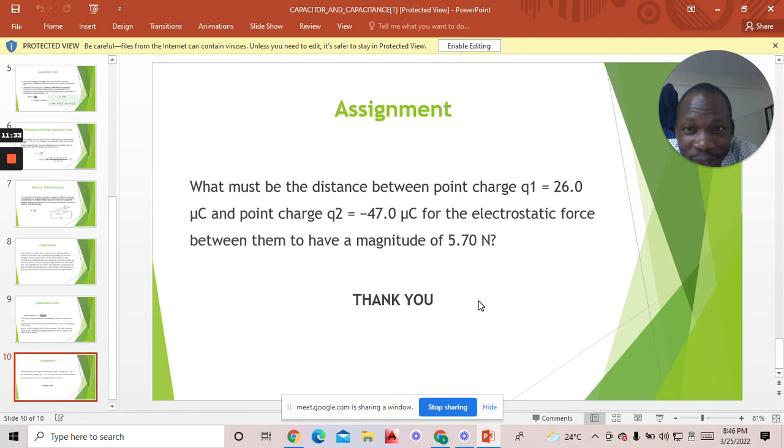The assignment is this: what must be the distance between point charge Q1, which is 26 microcoulomb, and point charge Q2, which is negative 47 microcoulomb, for the electrostatic force between them to have a magnitude of 5.7 Newton. So please attempt this. We'll look at it in our next lesson.